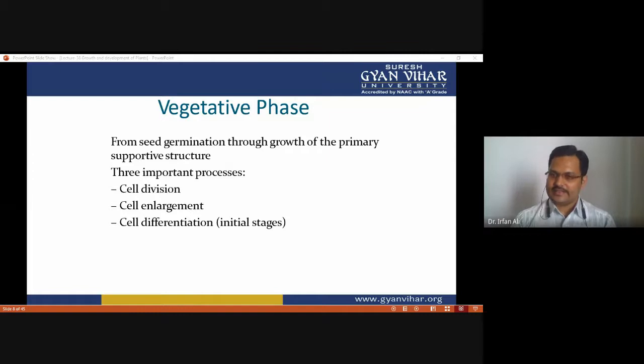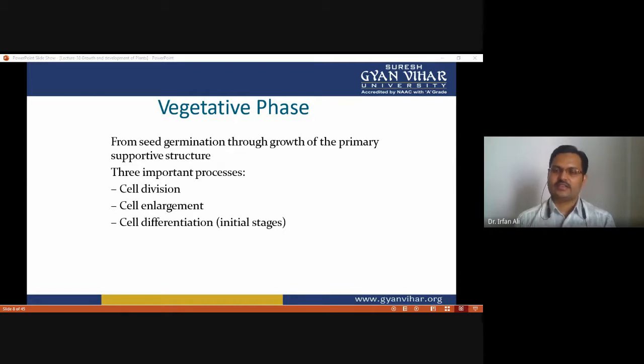The first is cell division. Obviously, for growth, cell division occurs, so that the seed germinates and the primary supporting tissues are formed. Then cell enlargement, where the cells increase in their size, and cell differentiation.